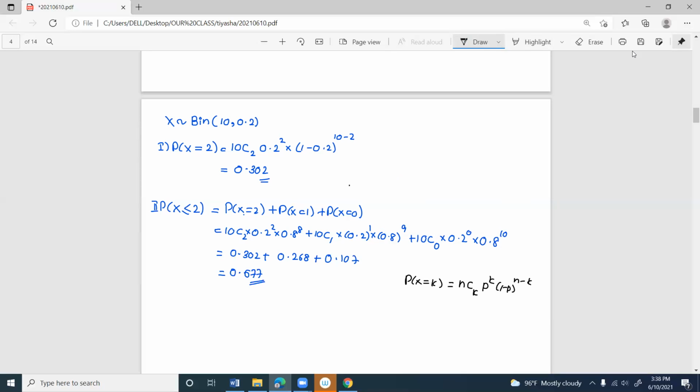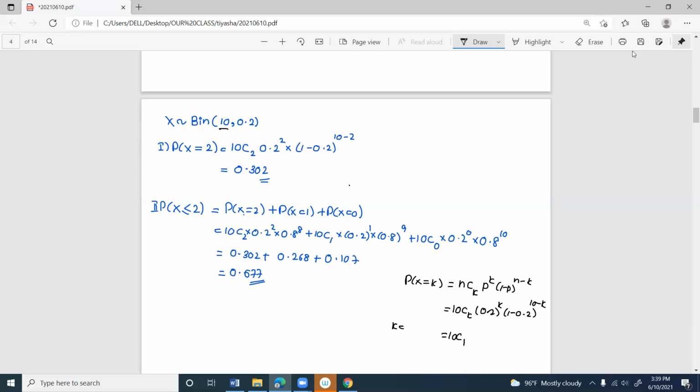Over here, what is n? We need to find n. In this experiment, n is 10. So you can say 10Ck. p is the probability, 0.2 to the power k. According to this relationship, (1 minus 0.2) to the power 10 minus k. So we need to add the events for k equals 0, 1, 2. For 10C1, k is 1.